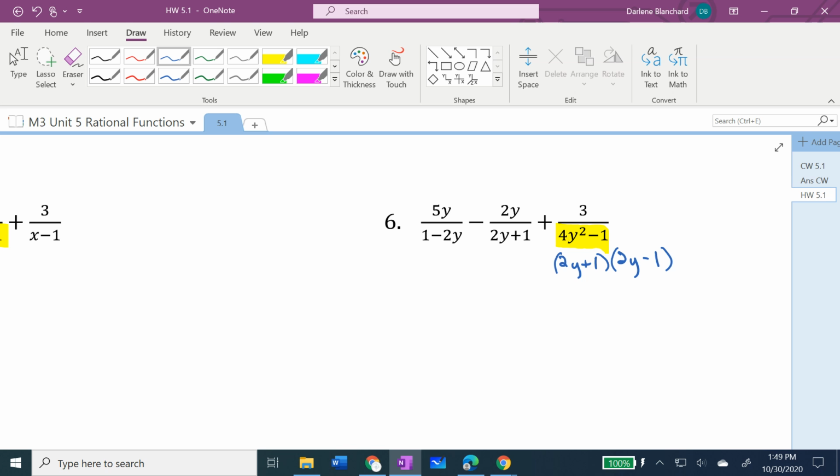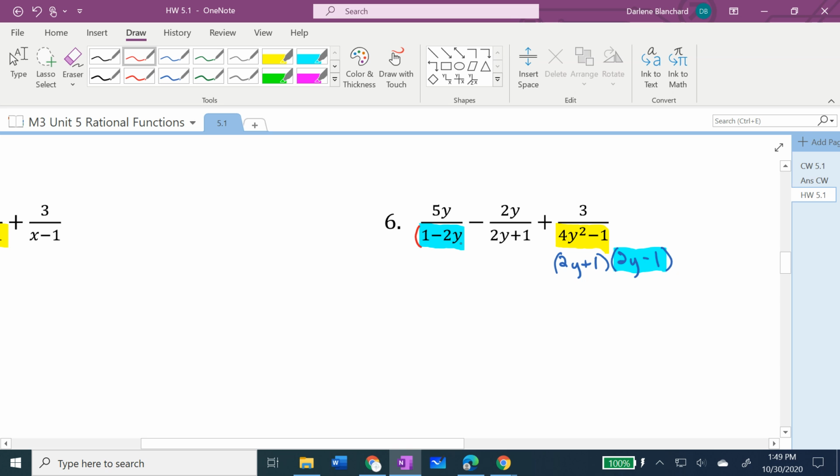Now, I want to point out something that's going to save you a lot of grief. These are almost the same. In fact, they're so close to being the same that I think you should make them be the same. Are you watching carefully?